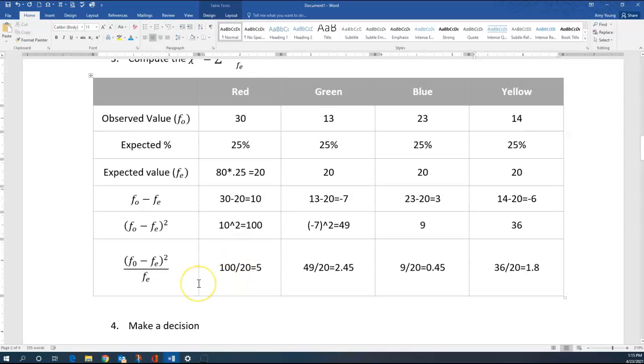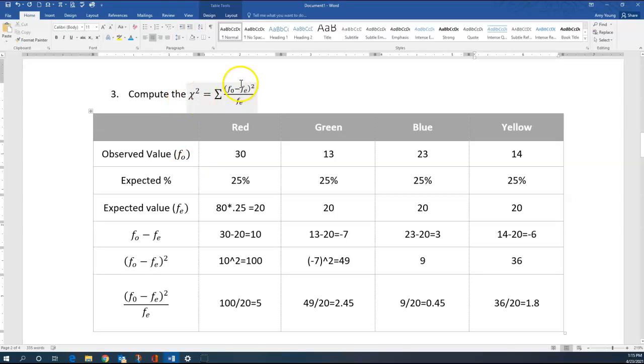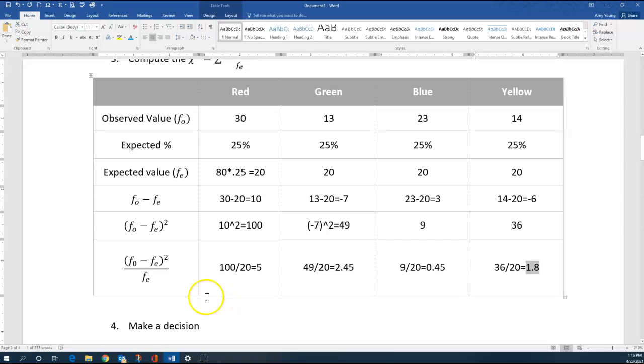So now, notice I've got the formula up here, and I should have talked about it earlier, but we're doing the observed value minus the expected value. We're squaring it, and then we're dividing it by that expected value again. And then notice that we've got that E thing, that's the summation. So what we're going to do is take all these numbers, the 5, the 2.45, the 0.45, and the 1.8, and add all those together.